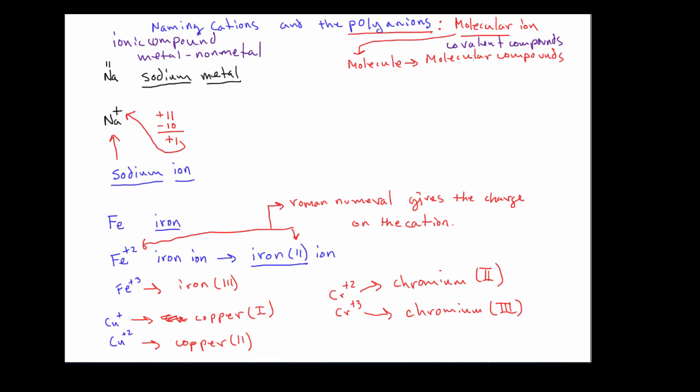Your covalent compounds, molecular compounds, usually are going to be where you've got nonmetals combined with nonmetals. So your molecular ions literally are covalent compounds that have a charge on them. That's what a molecular ion is. It's a covalent compound that's comprised predominantly of nonmetals that carries a charge.